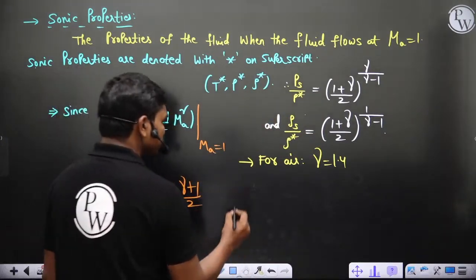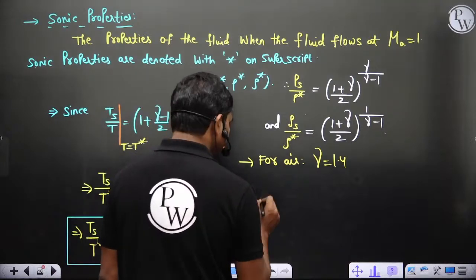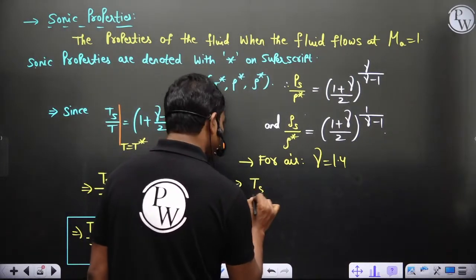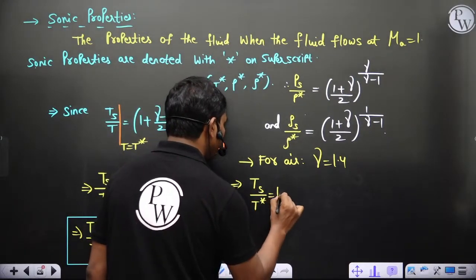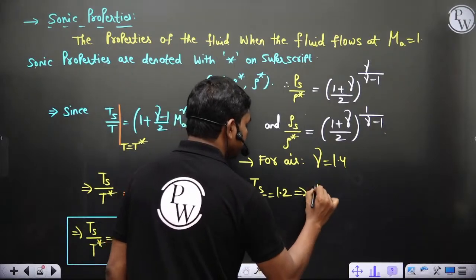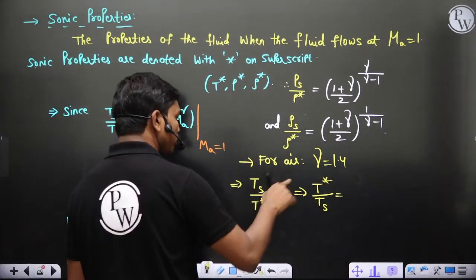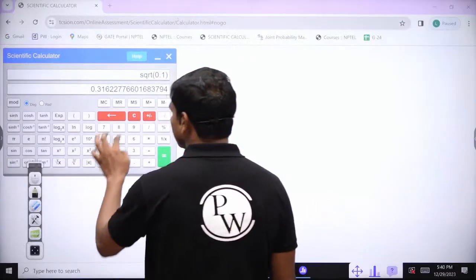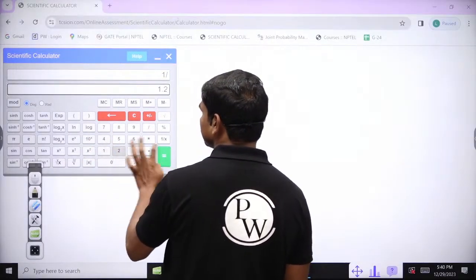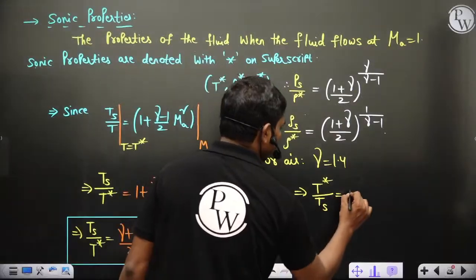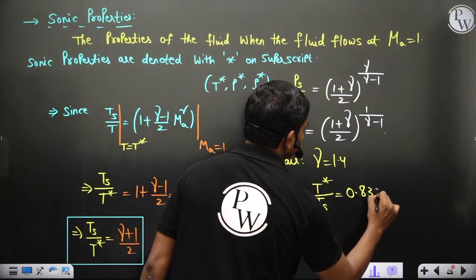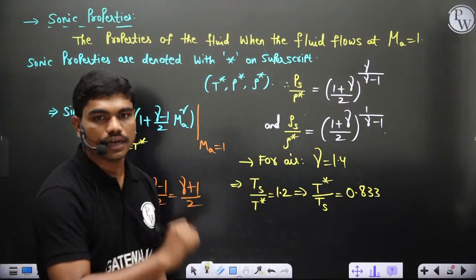Now for air, Ts by T star is equal to 1.2, which implies T star by Ts is 1 by 1.2, which is 0.833.